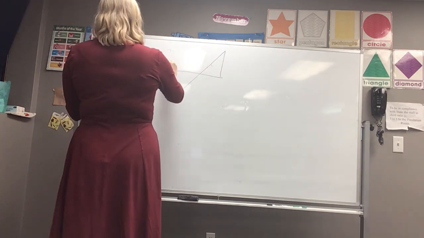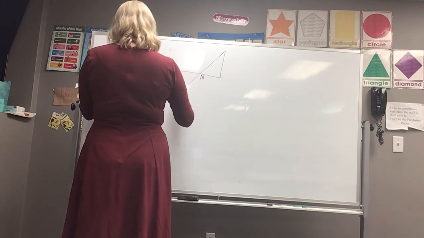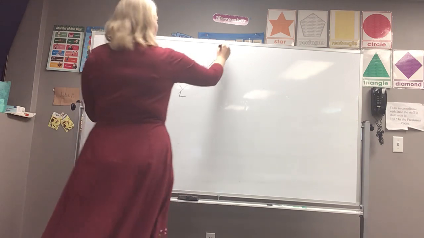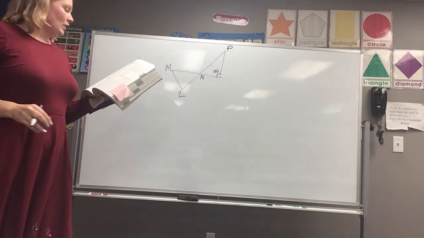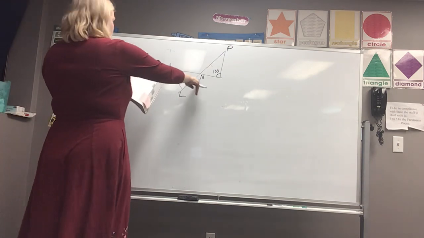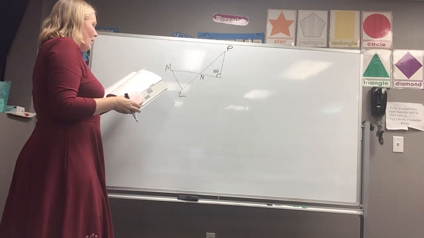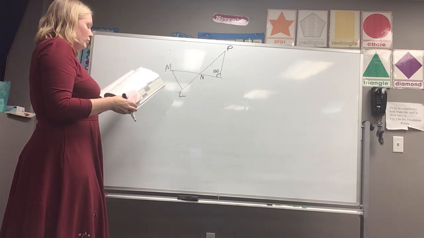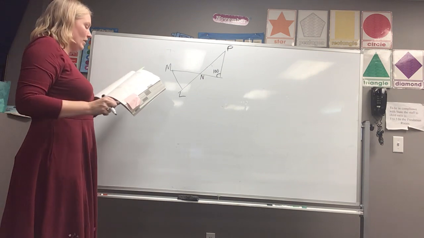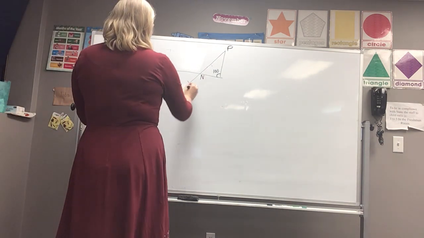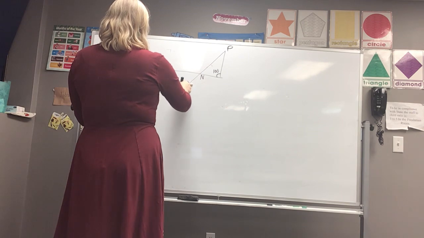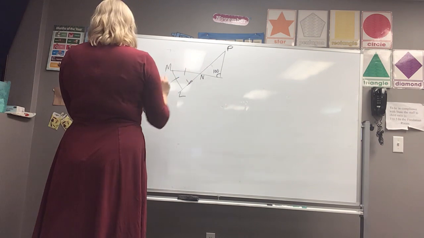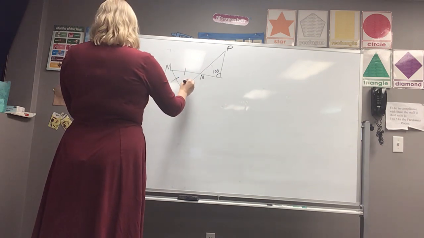And we are told that this is 100 degrees, this is P, and then in the words they tell us that N is the intersection of segments MO and LP, which is pretty much obvious from the drawing, but they say if the measure of LM, LM is congruent to MN, is equal to NL.